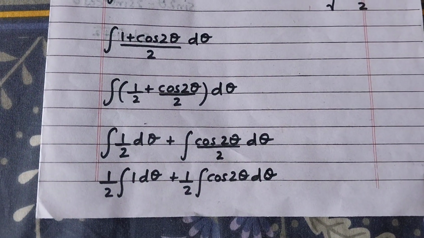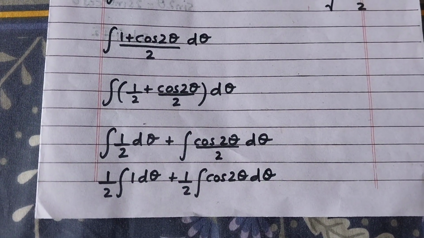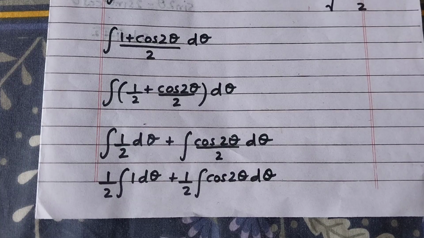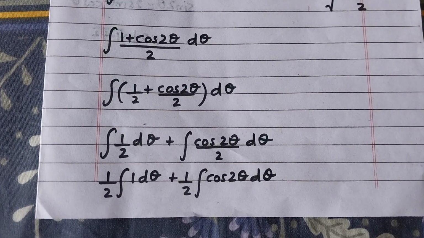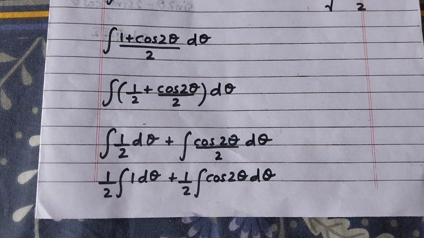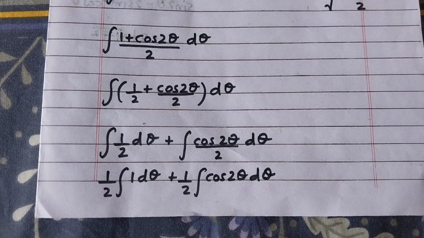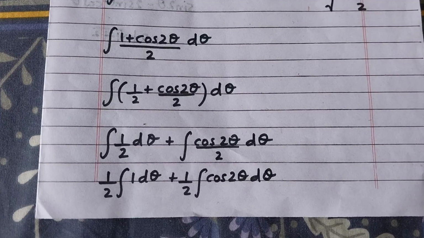So we can use the linearity property of integration, and separate these integrals on these two terms separately. So we are left with integration of 1 over 2 with respect to theta plus integration of cos 2 theta over 2 with respect to theta. I'm taking this 1 over 2 outside because we can take the coefficient outside the integral.